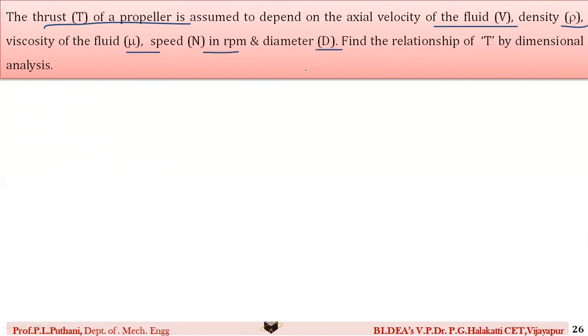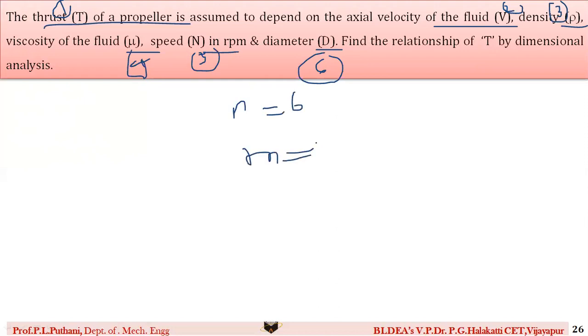So in total how many variables are we having? Thrust is the first variable. Velocity is the second variable. Density is the third variable. Viscosity is the fourth variable. Speed is the fifth variable. Diameter is the sixth variable. So automatically, how many variables do we have? n is equal to 6. m is equal to the fundamental dimensions, that is 3.